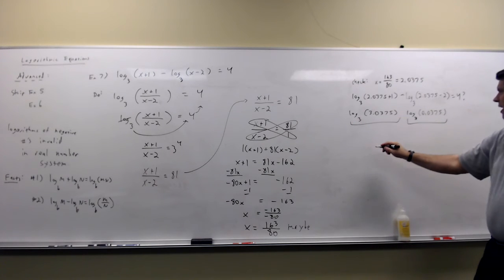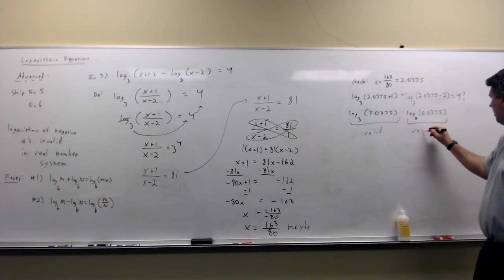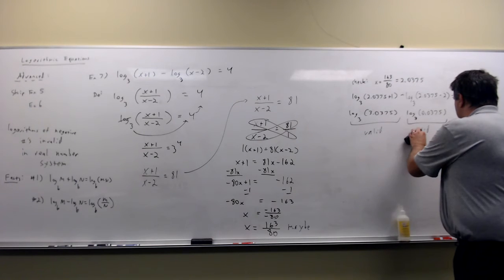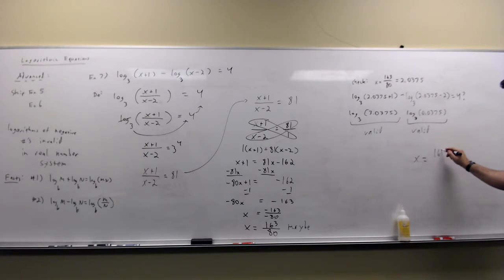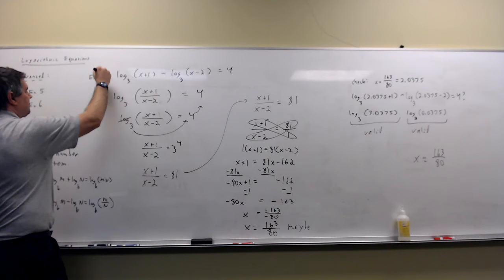Logarithm of a positive number, that's valid. Logarithm of a positive number, that also is valid in the real number system. So x equals 163 80ths. Now let me switch to example 8.